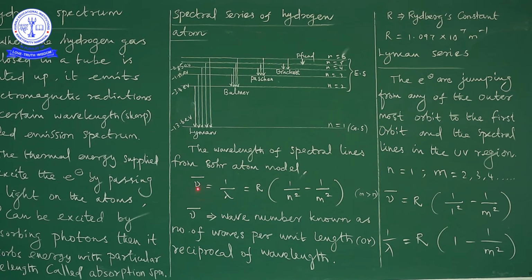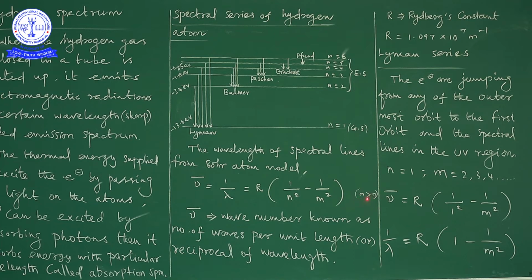And the wave number nu bar is equal to 1 by lambda, which is equal to R into 1 by n square minus 1 by m square. What is R here? R is the Rydberg constant. Here n and m are integers. The value of n is replaced by 1, 2, 3, 4, 5 and so on, and m is replaced by the outer orbits.